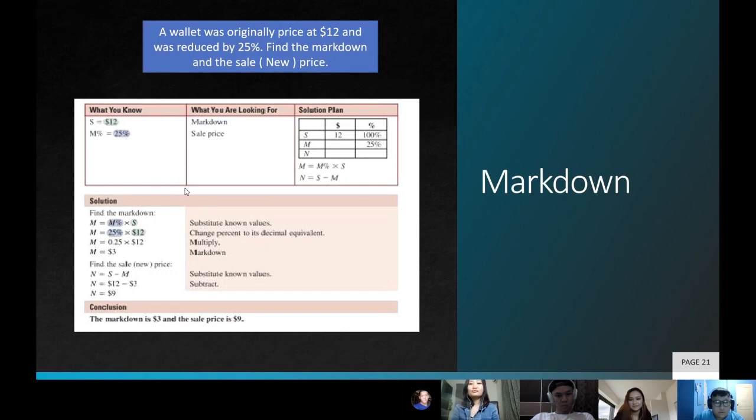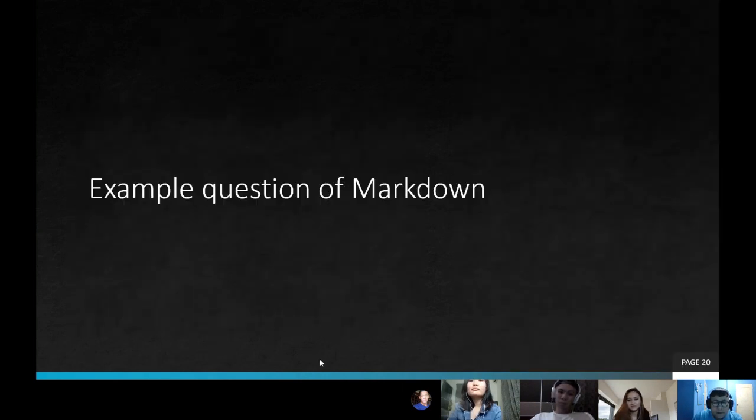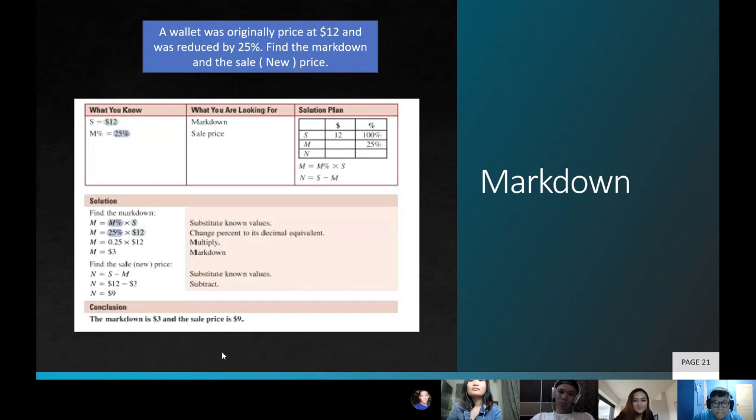Find the markdown and the new selling price. I will show you how to solve it and the formula to calculate the markdown and the new price.